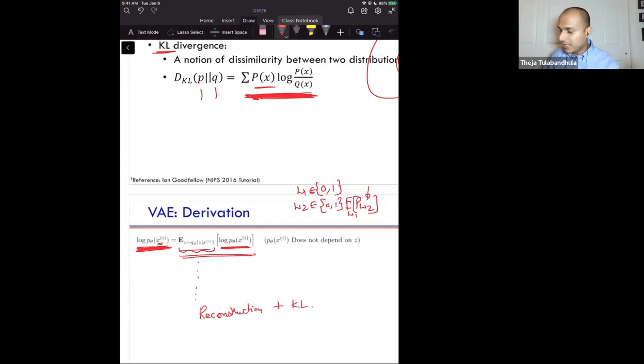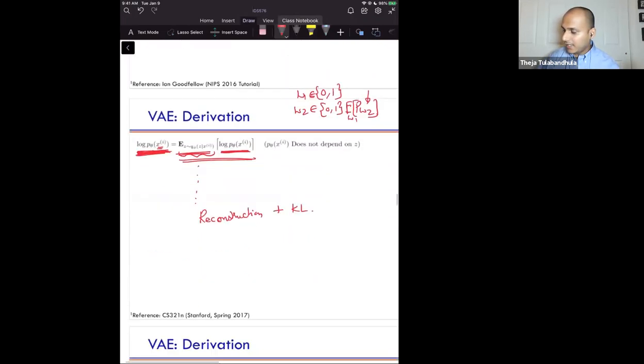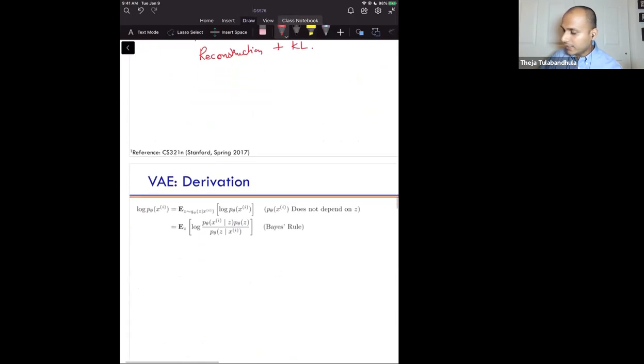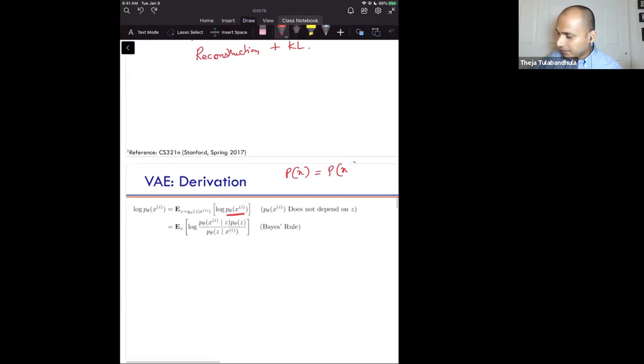And so that's why the first step is a manipulation. I just added an extra arbitrary expectation here. And then I look at the term inside, P of X is equal to P of X given Z times P of Z divided by P of Z given X. So this is just Bayes' rule.